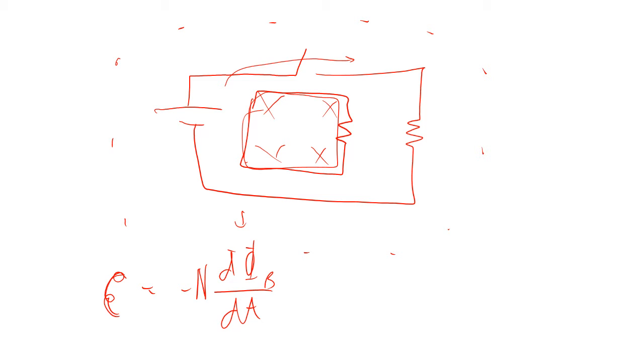So let's consider this, that this is Ampere's law down here. Let's look at the rate of change here, and we know the flux is going to be proportionate in some fashion to the current.